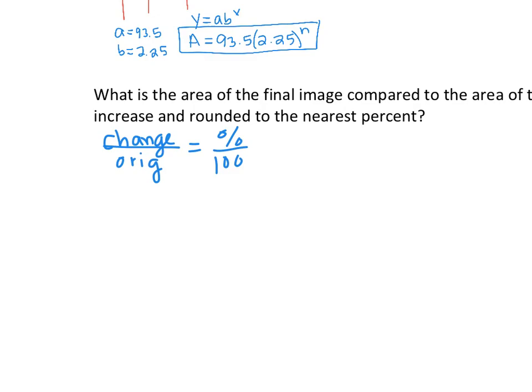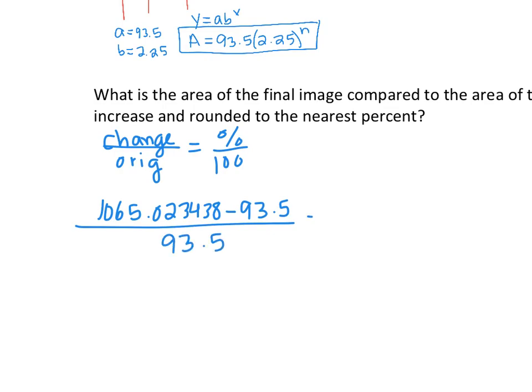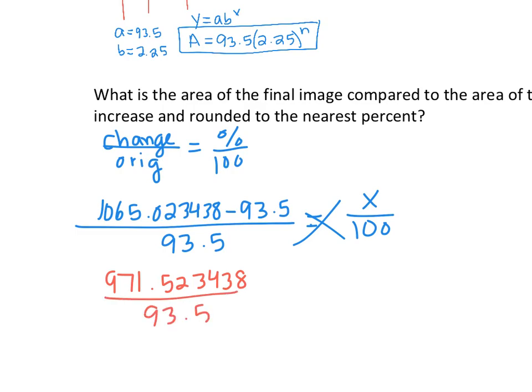Well, she enlarged it to 1,065.02348 minus the original area of 93.5. And again, that's the original, so that's our denominator, equals x over 100%. Cross multiply. Oh, before we cross multiply, we need to actually do the subtraction. When we do the subtraction, we get 971.523438.